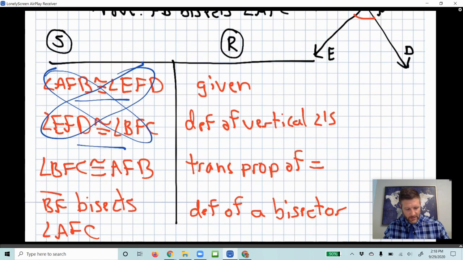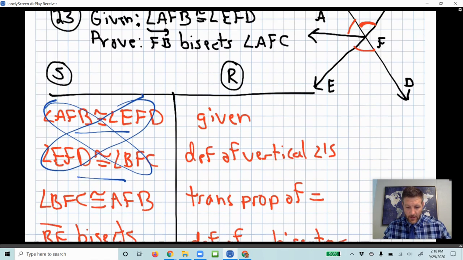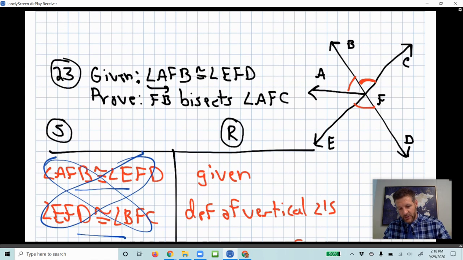Okay, so in other words, sorry, it's not quite fitting on here really well, but once I prove that these two are congruent by transitive, then I know that this in fact has to be a bisector because it has created these two congruent angles.